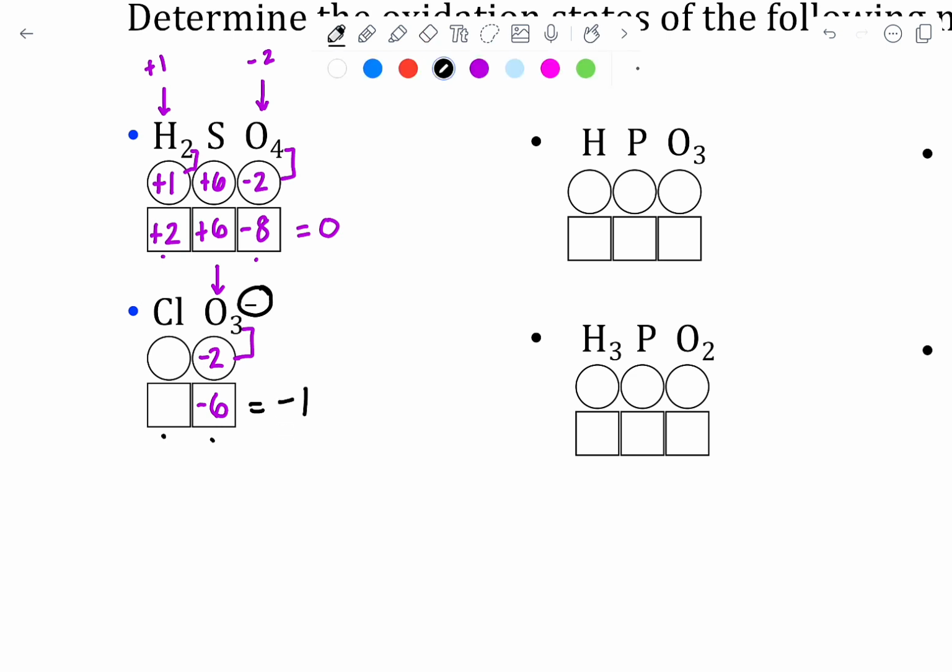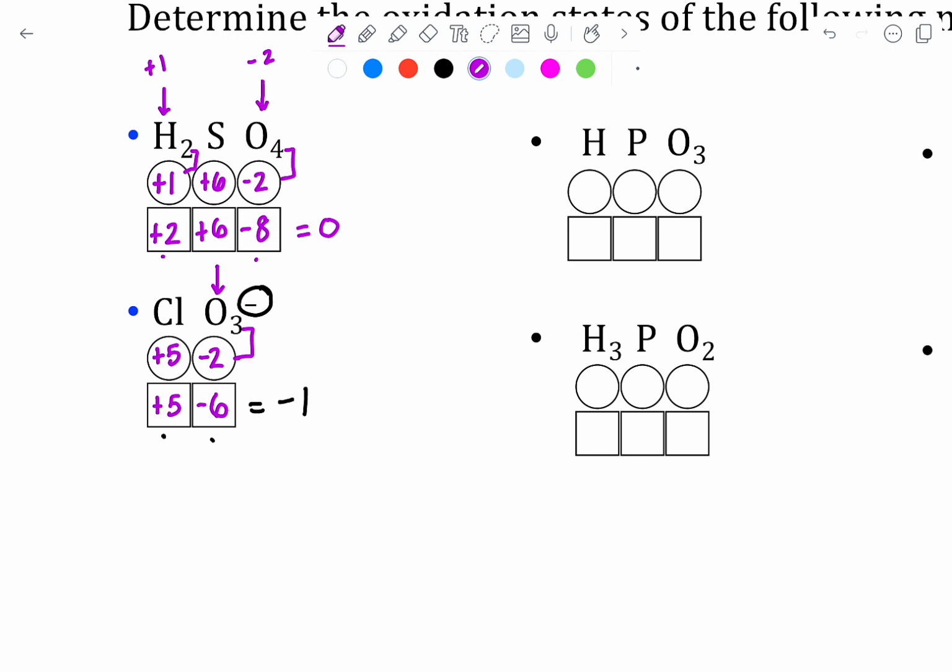What oxidation number does chlorine have to match that -1 charge? Chlorine would have to have a +5, because +5 minus 6 equals -1. There's only one chlorine, therefore the chlorine oxidation state is +5.